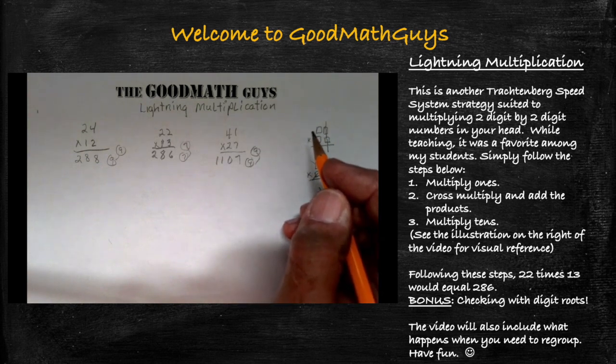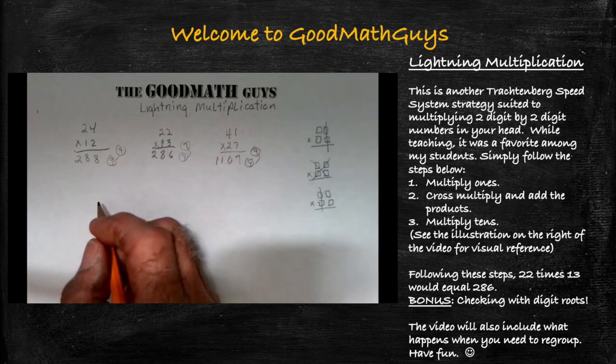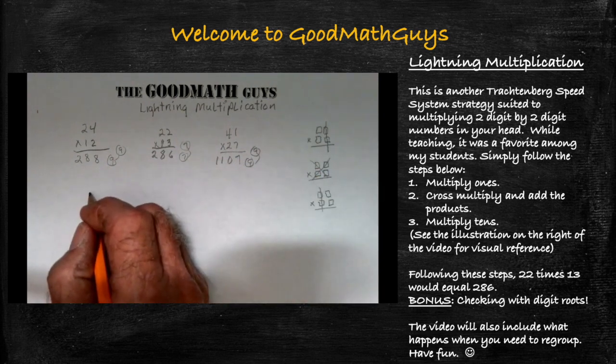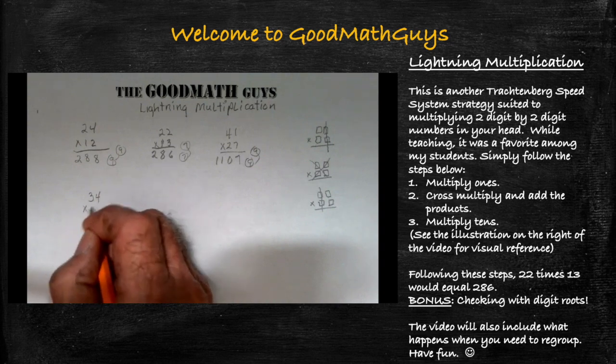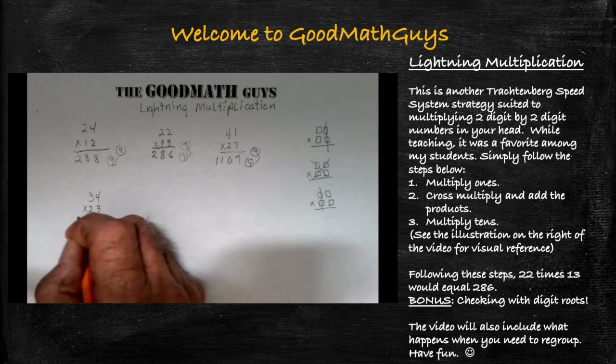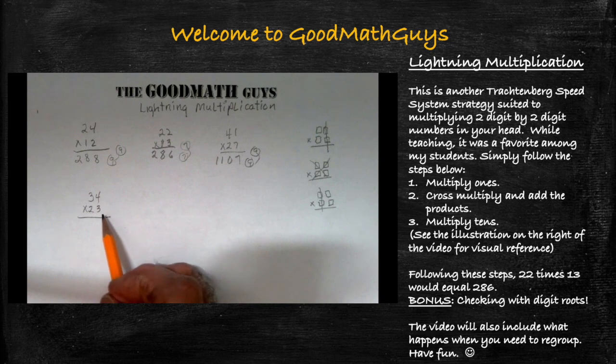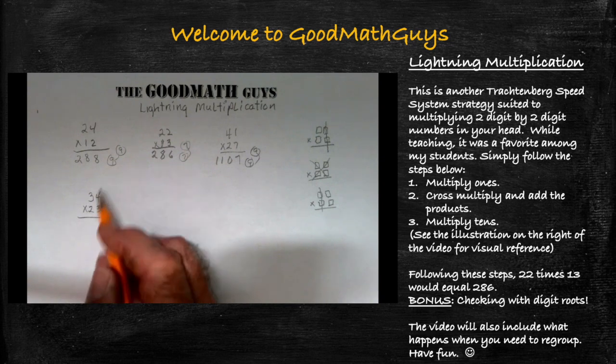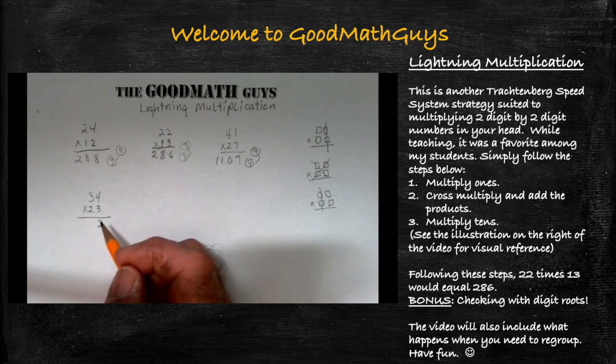Let's try another one. And these are all going to involve regrouping now. So 34 times 23. All right, multiply ones. 3 times 4 is 12. We're going to record 2 and hold 1 in our head.